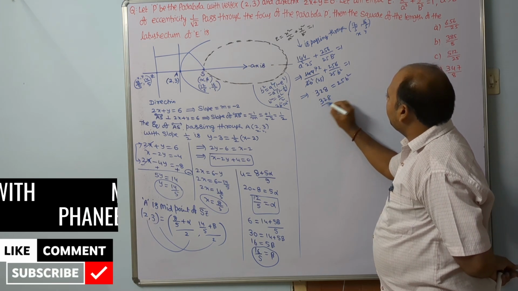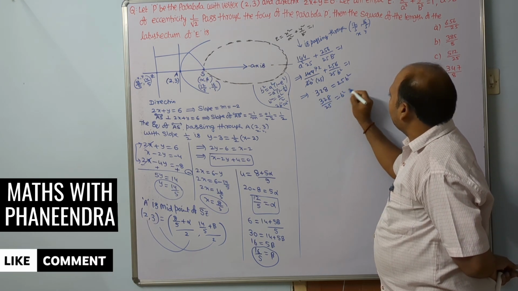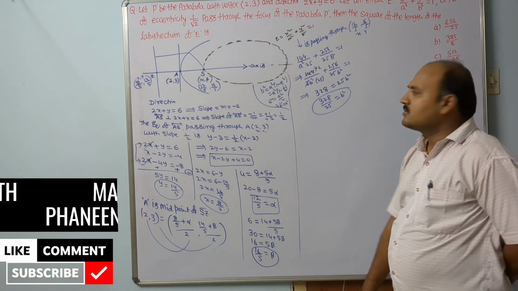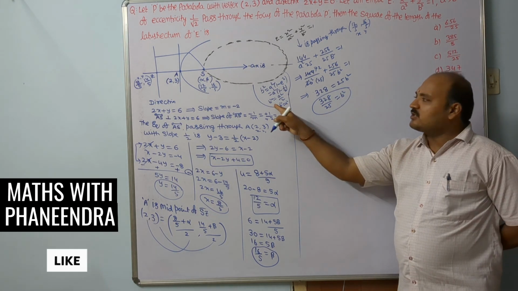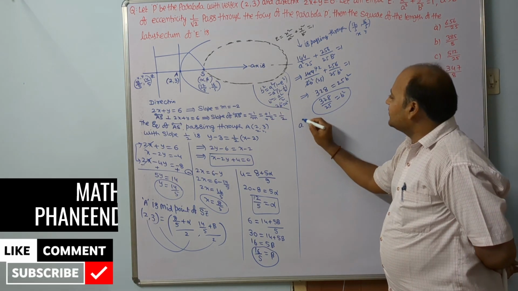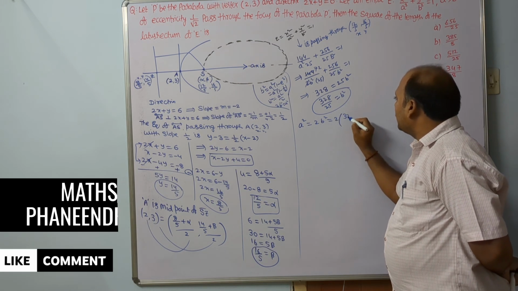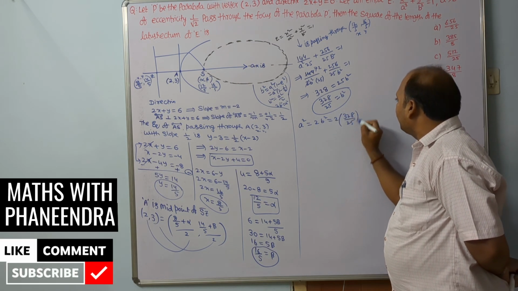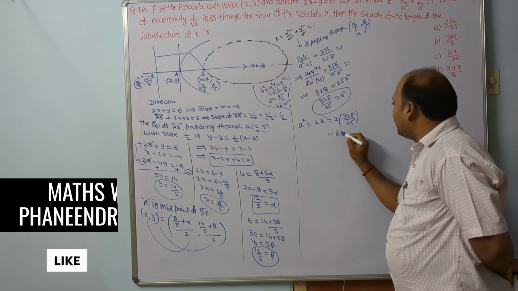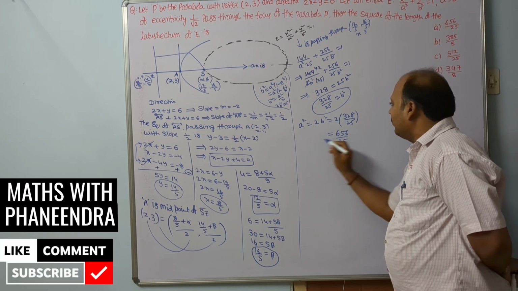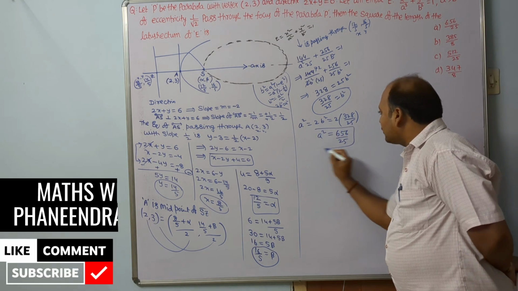So 328 by 25 is equal to b square. We got the b square value, dear students. Whenever b square is there, a square also will come. Since a square equal to 2b square, so 2 into 328 by 25, which is equal to 656 divided by 25. This is the a square value.